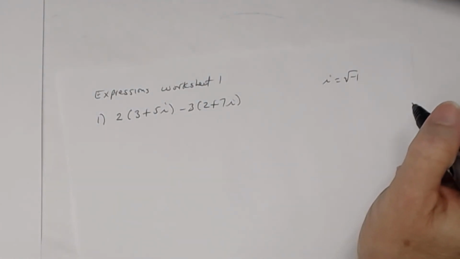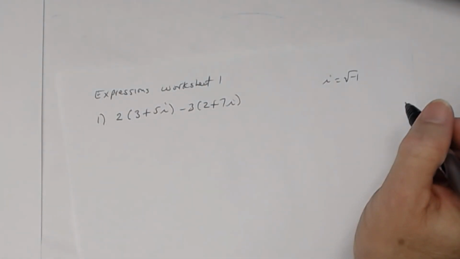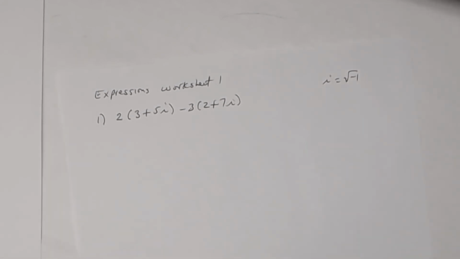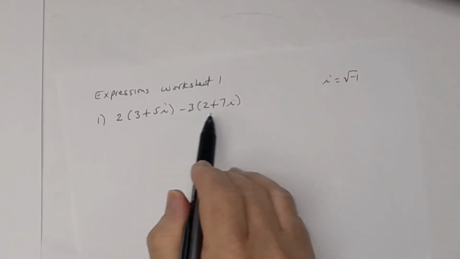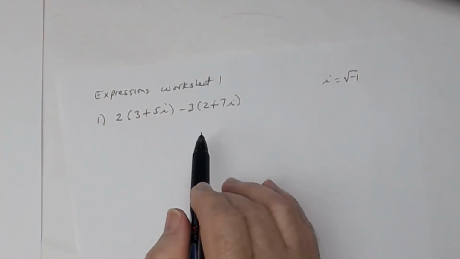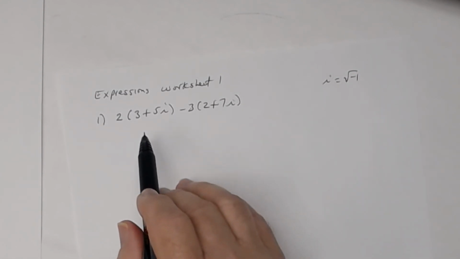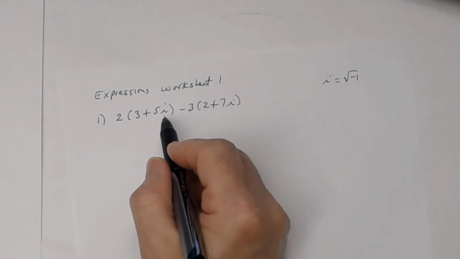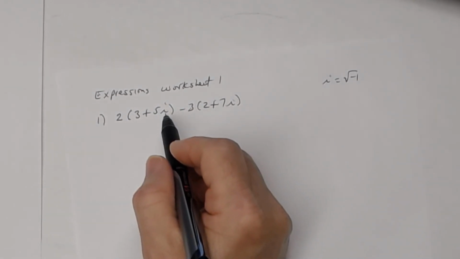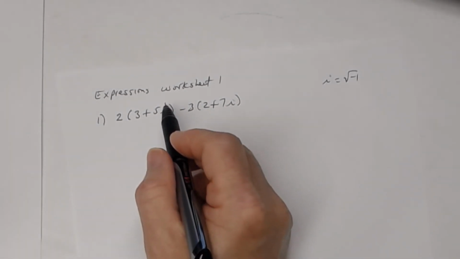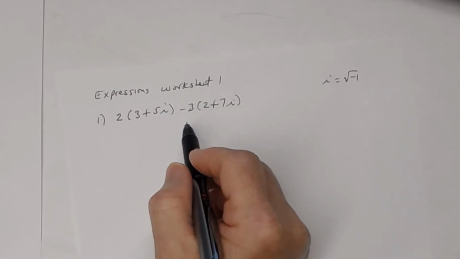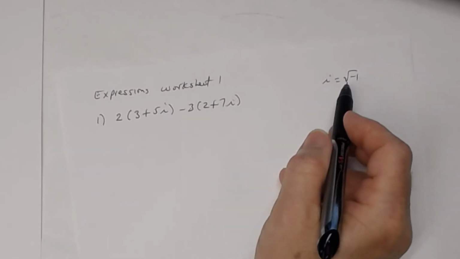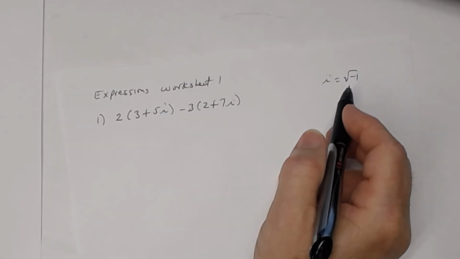But when doing these problems, you can think of i the same way you did your variables. If this was the variable x, the first thing you would do is use the distributive property. Same thing here, even though i really means something: it means the square root of negative 1, which is not a real number.